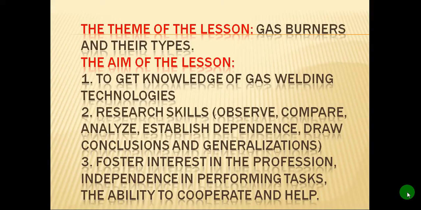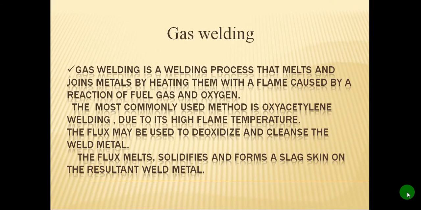Today the theme of the lesson: gas burners and their types. Gas welding is a welding process that melts and joins metals by heating them with a flame caused by a reaction of fuel gas and oxygen.